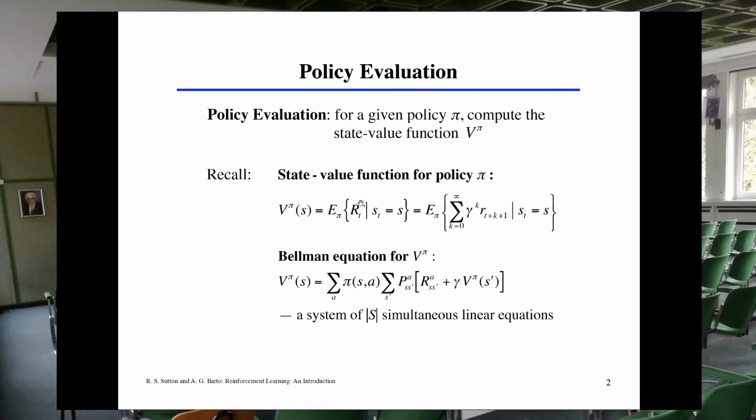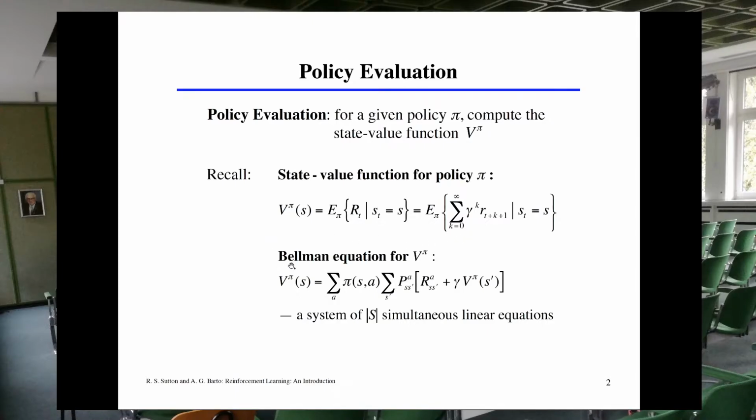So this return we have defined it before as the sum from k equals 0 to infinity of the discounted rewards that you will get as you keep doing actions from state S, so from time step t. Remember also that this gamma is a value between 0 and 1.